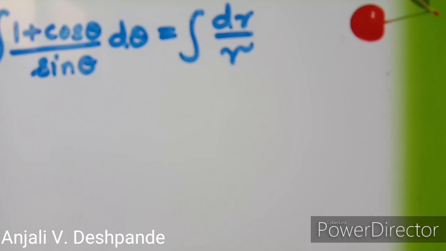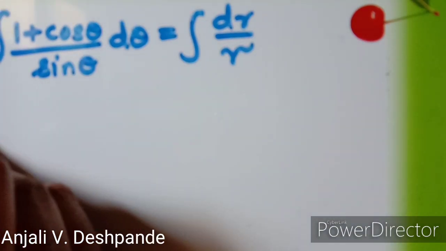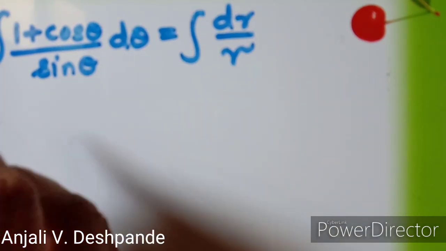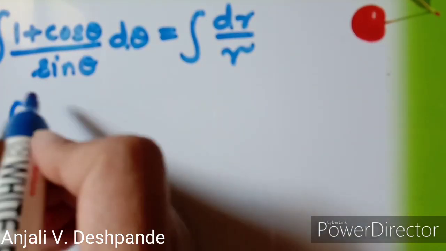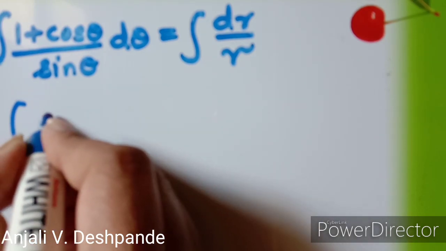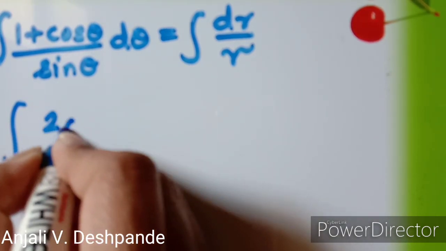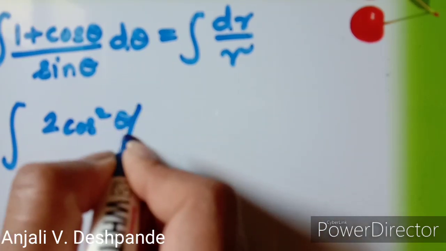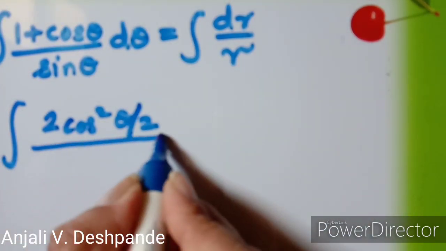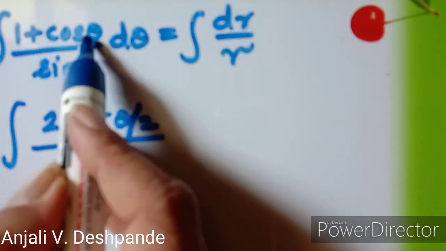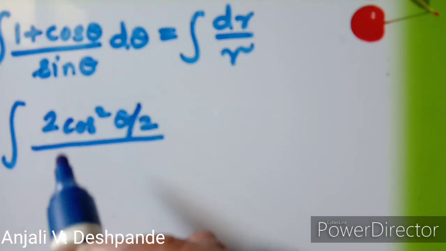If you recall the trigonometric identities which we can use in this case, 1 plus cos theta will be 2 cos square theta by 2, using the identity that 1 plus cos 2 theta is 2 cos square theta.